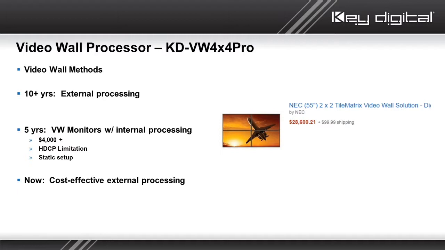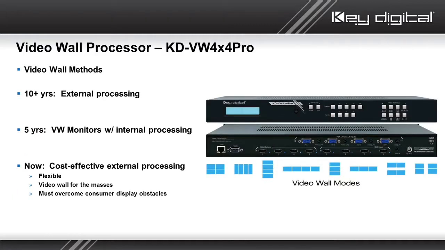Now, of course, that also adds to the price point of that system. Which brings us now to what is current and what you saw with KD-VW4x4 Pro at Infocom is the best external cost-effective video wall processor in the market.